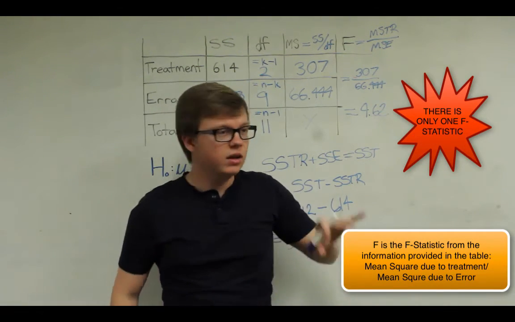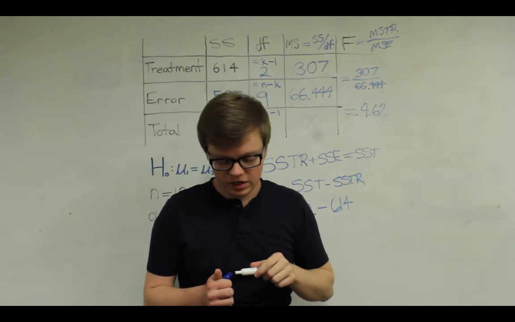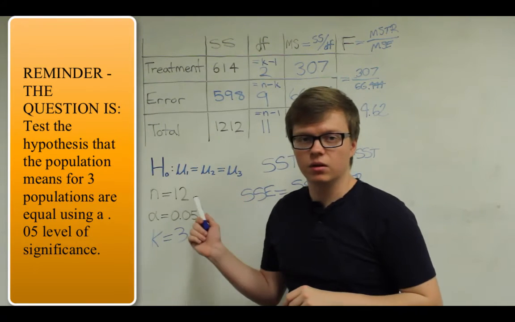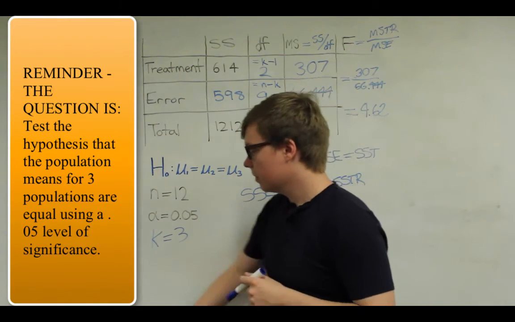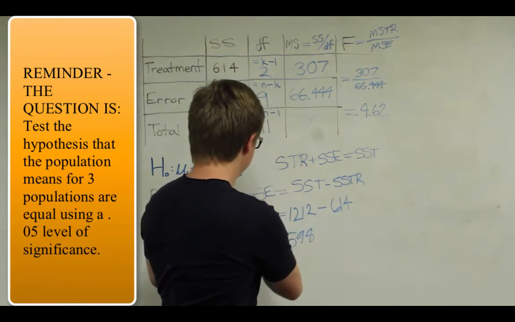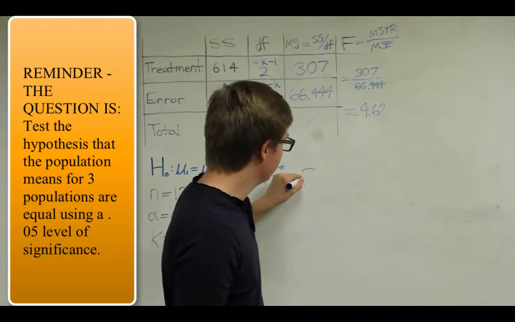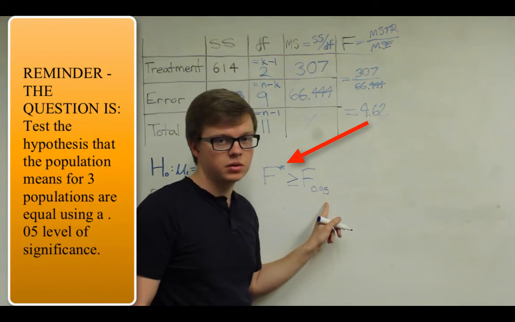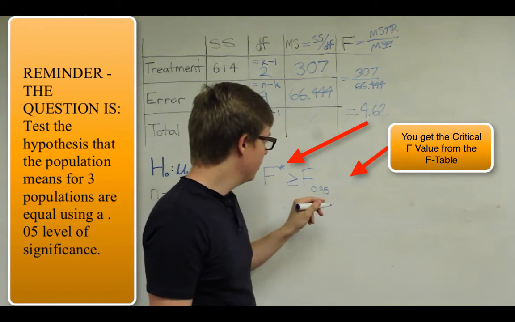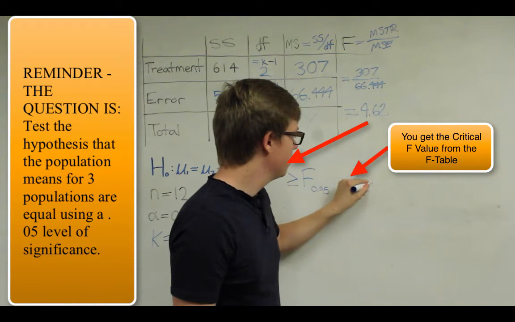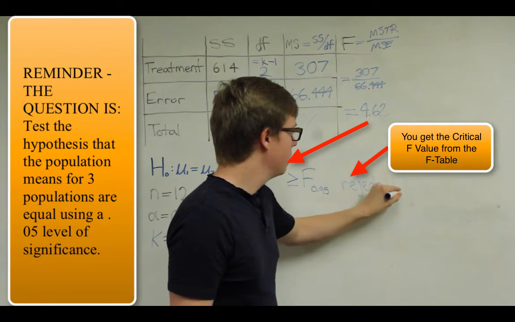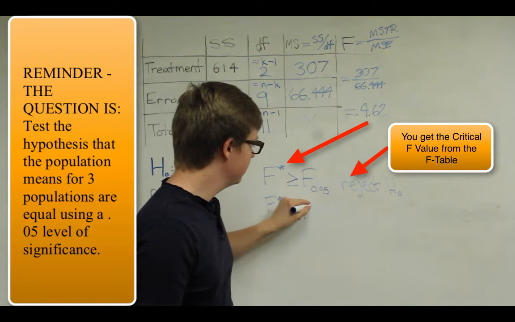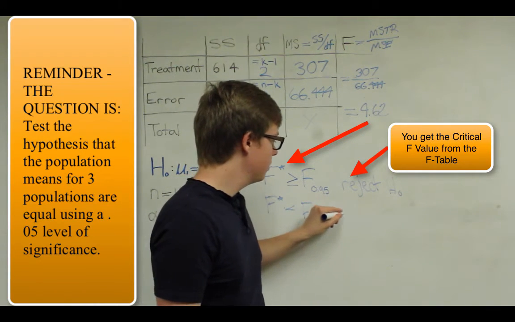So now we have the whole ANOVA table filled in. We need to decide whether we reject or fail to reject the null hypothesis. The rule for that is, if the F value is greater than or equal to the critical value, which I'll denote by F with subscript 0.95, then you reject. The opposite case is if your test statistic is less than the critical value, then you fail to reject.